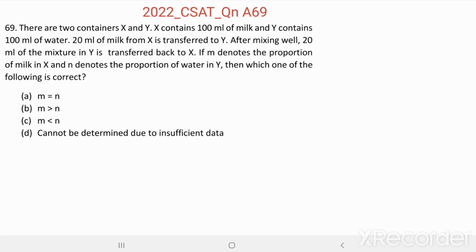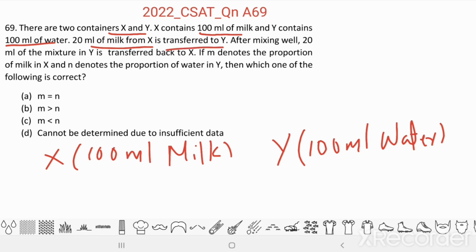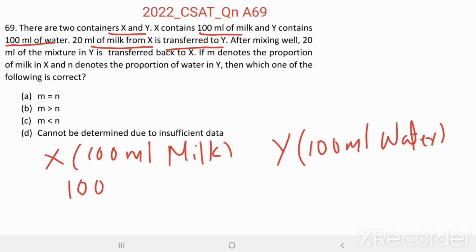There are two containers X and Y. X contains 100 ml of milk, Y contains 100 ml of water. 20 ml of milk from X is transferred to Y. Then in container X, 100 minus 20 equals 80 ml of milk is remaining.